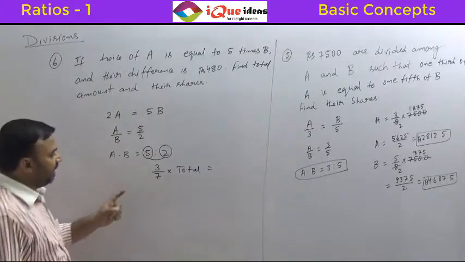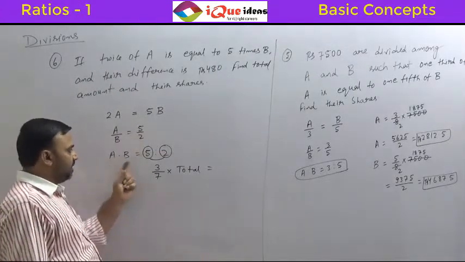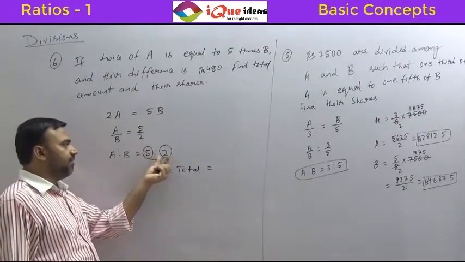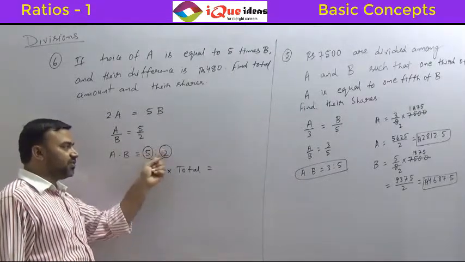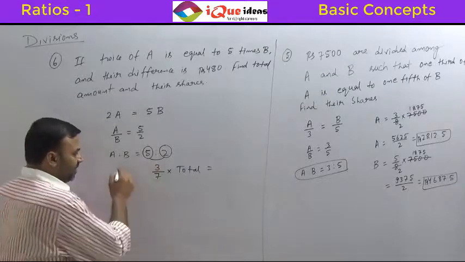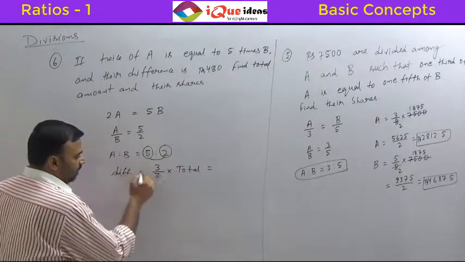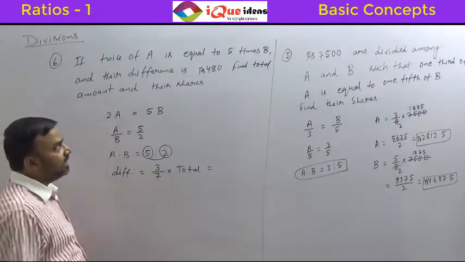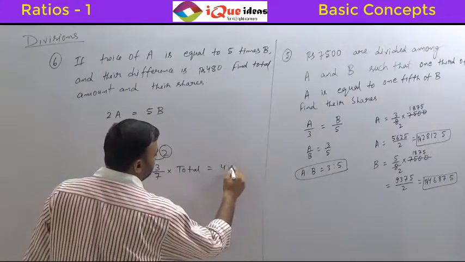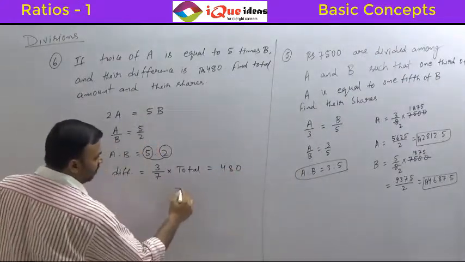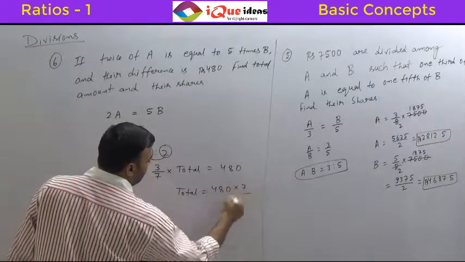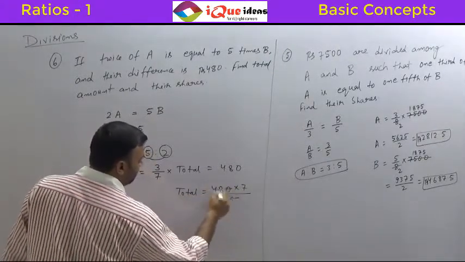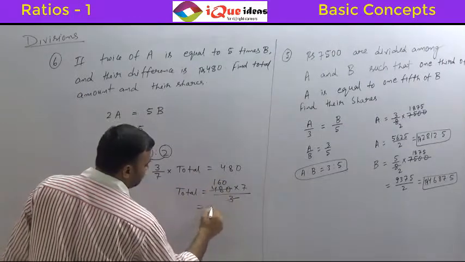See, once again, if I divide the whole thing in such a manner that A gets 5 parts, B gets 2 parts, so total 7 parts. That means that the difference would be 5 minus 2, that is 3 parts. So the difference can be written as 3 by 7 into total, and that is given equal to 480 rupees. So from here we can simply find total value. So total is equal to 480 into 7 by 3. Simple unitary method application. So 160 into 7, that is 1120.